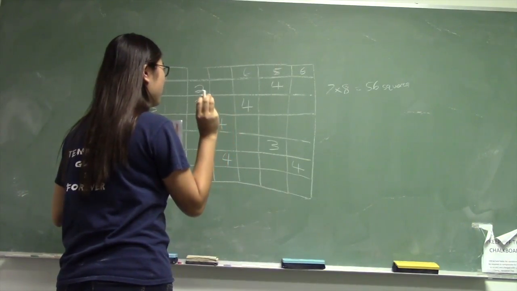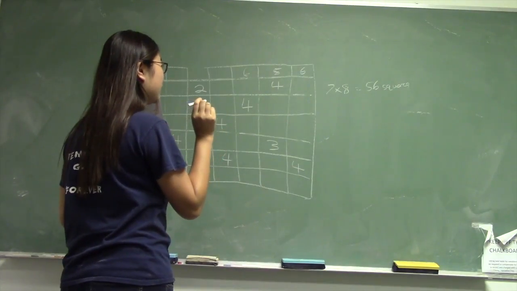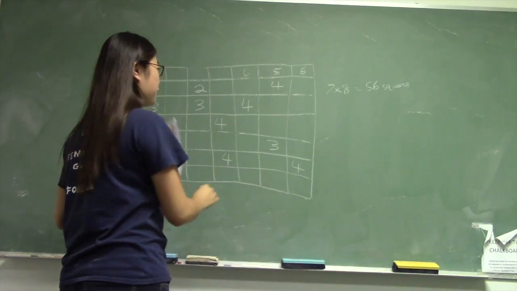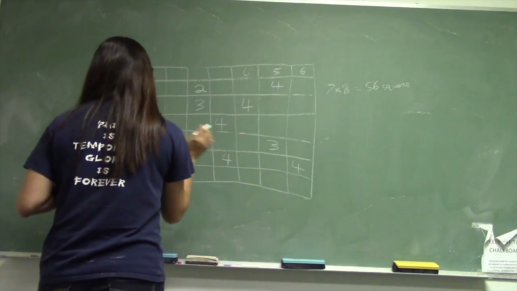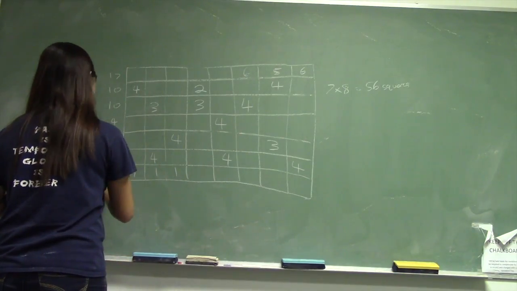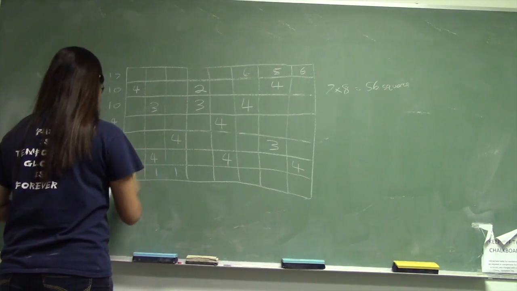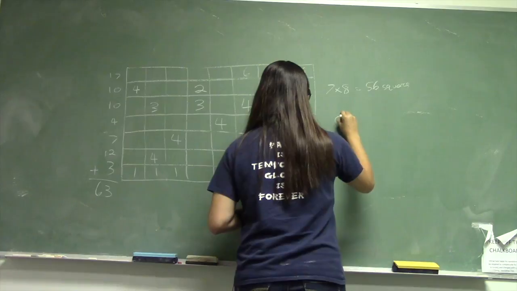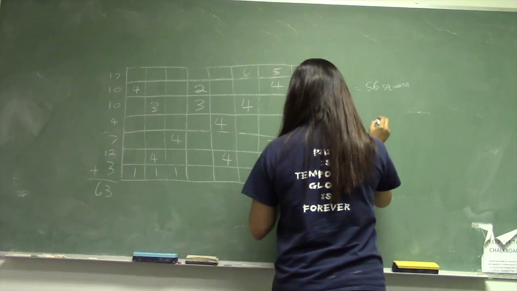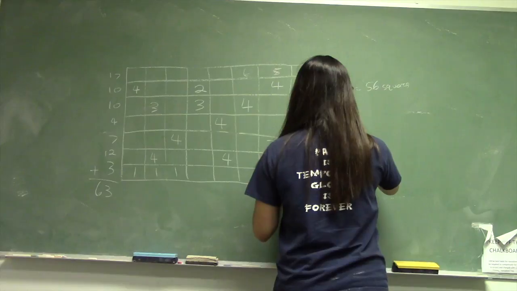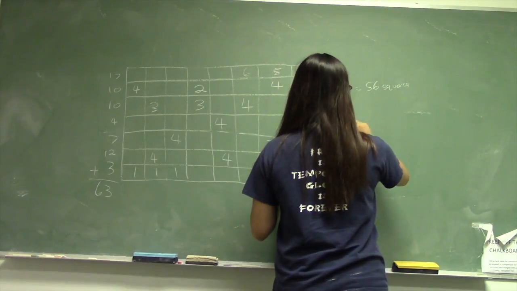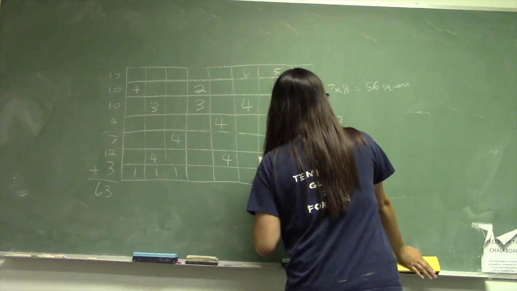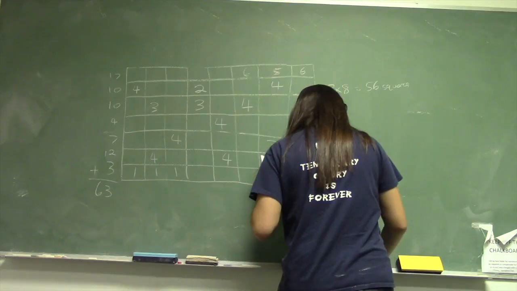So the number of unit squares in each piece has to divide 56, and the sum of the numbers in each piece has to divide 63. So the only common factor that they share besides 1 is 7. Sorry, I said 9, but 7's the only number that divides these two.